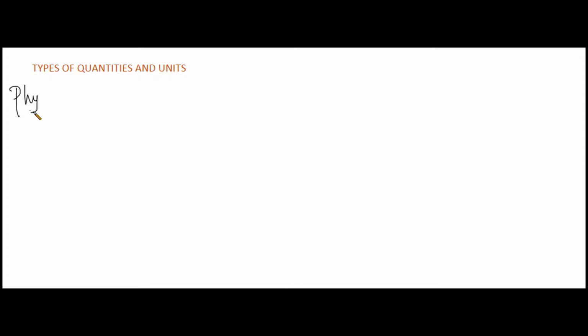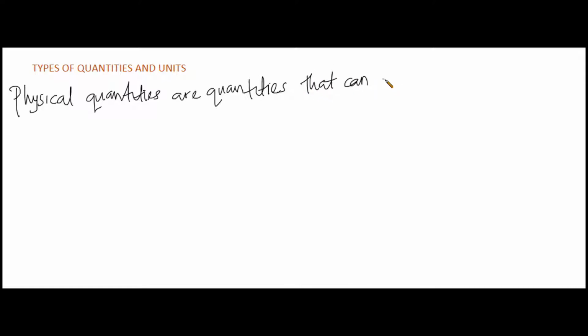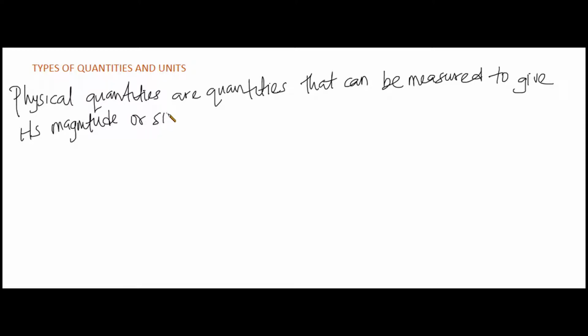Physical quantities are quantities that can be measured to give their magnitude or size. And these quantities are further divided into two types.